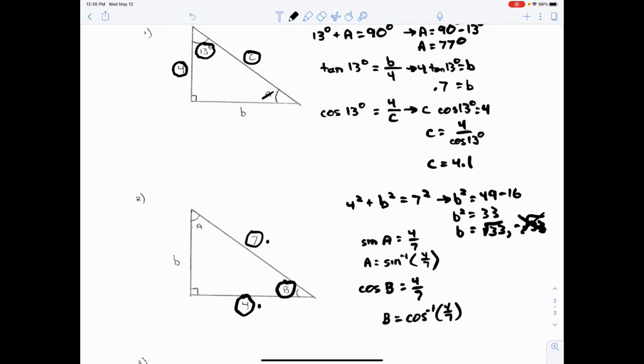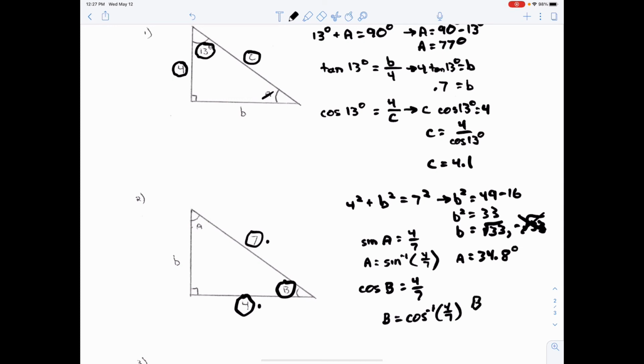Okay, so let's take the inverse sine of 4/7, and we get 34.8. So A is 34.8 degrees.